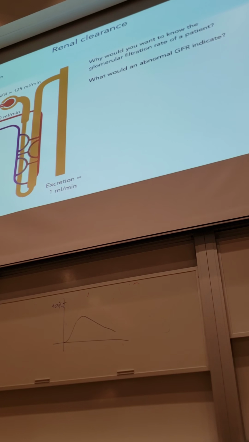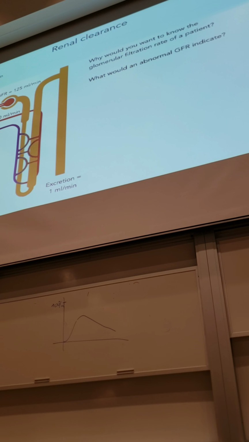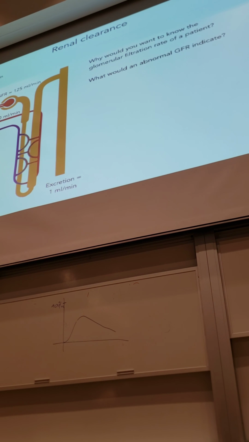So being able to know this value has a lot of utility in people with kidney pathologies, because it's not easy to go in and take a look at your kidney. Not at that level anyway.